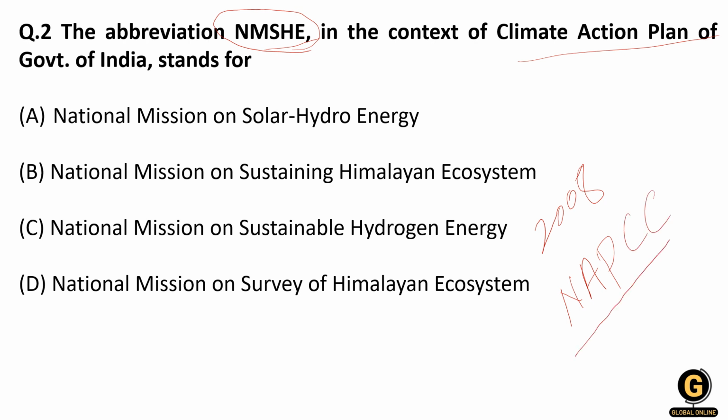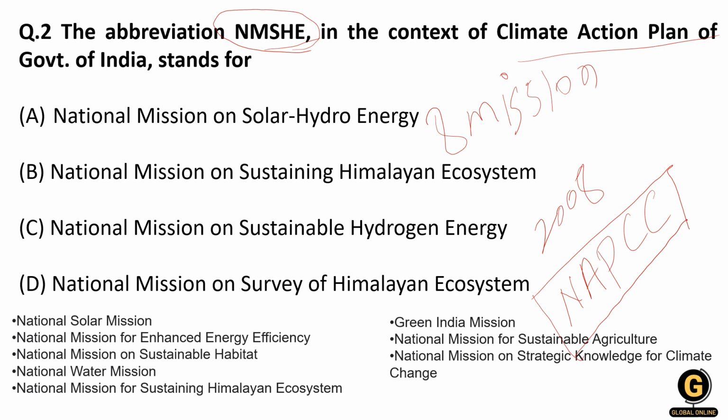So remember, this is very important. Under this plan, government of India launched 8 missions. How many missions? So there were 8 missions under this plan, right? Under NAPCC, National Action Plan for Climate Change.